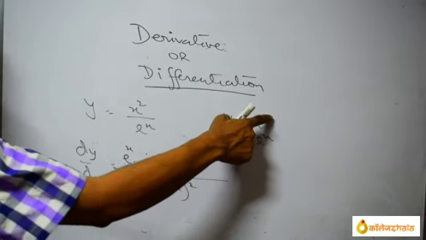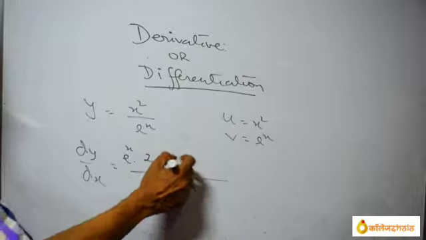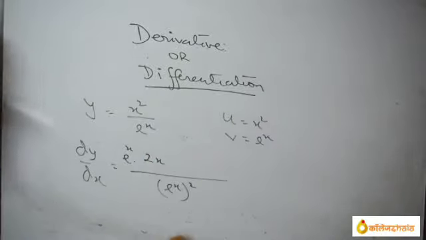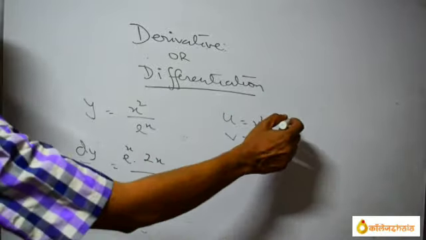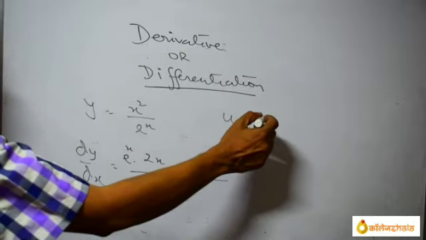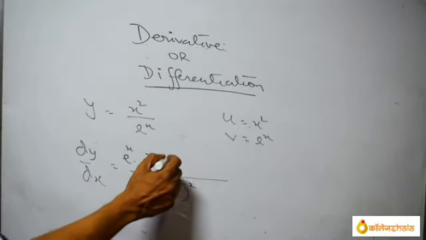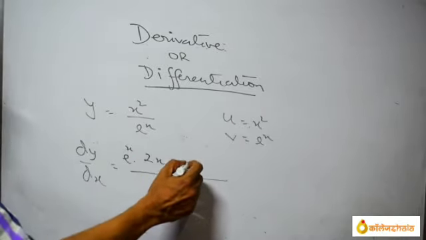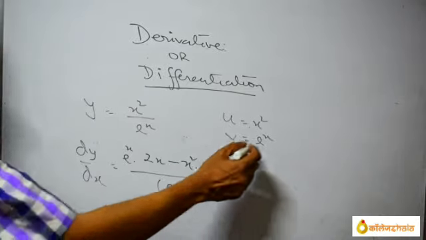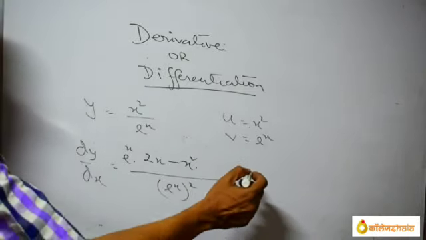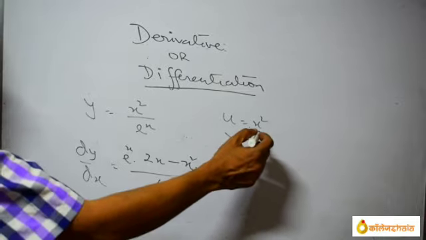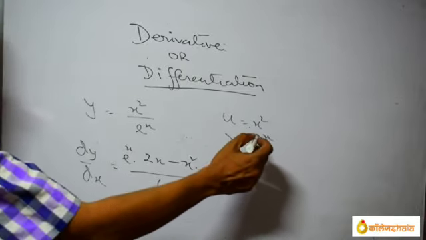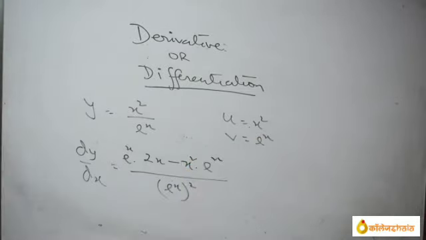U derivative is x square derivative, which is 2x, n x to the power n minus 1, that is 2x to the power 2 minus 1 comes to 2x, minus u, that is x square, into derivative of e to the power x, and that will be e to the power x because it is e to the power x into 1, because k is not there, so we can have e to the power x.